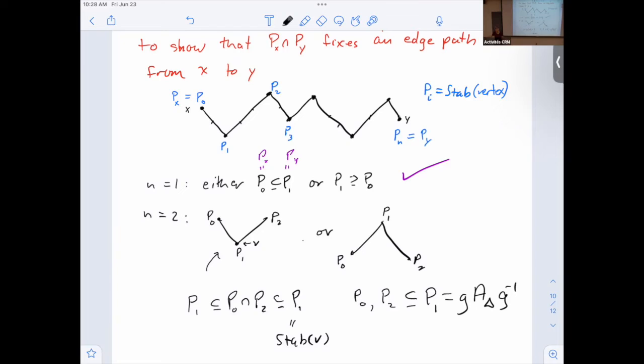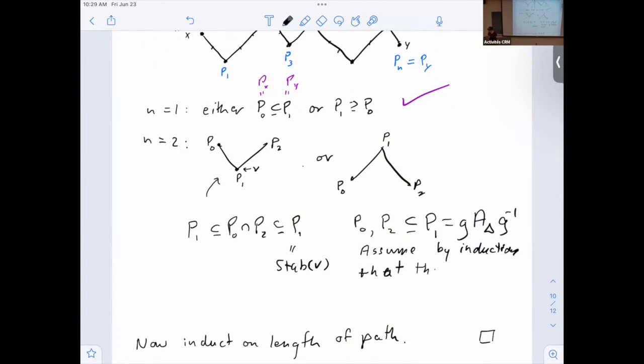And so what we need to do is induction on the size of delta. We need to assume we've proved it for smaller Artin groups. So assume by induction that the theorem holds for A delta, meaning intersections of parabolics are parabolic. Then I'm looking at 2 parabolic subgroups of A delta, but I know in A delta intersections of parabolics are parabolic, so I'm done.